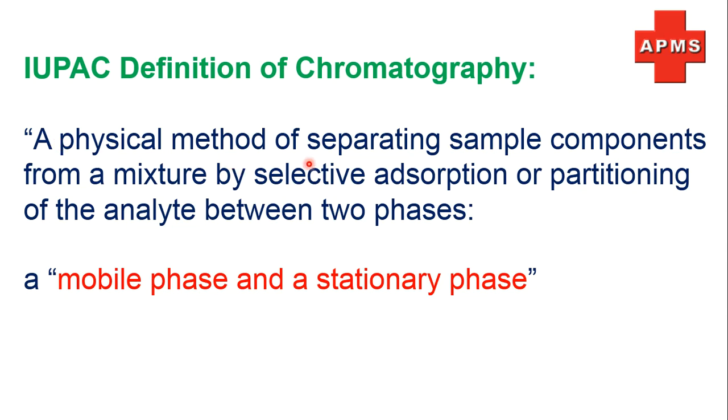A physical method of separating sample components from a mixture by selective adsorption or partitioning of the analyte between two phases. These two phases are the mobile phase and the stationary phase. I talked about these two phases. Stationary means that phase or material which does not move during the experiment.